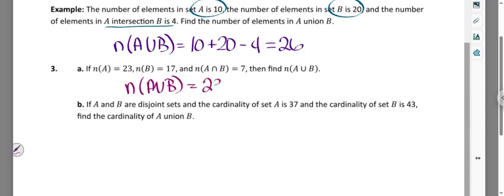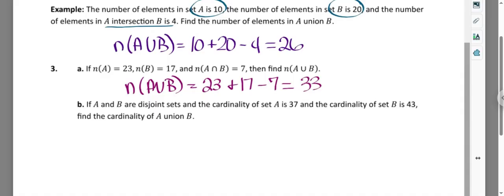So 23 in A plus 17 in B minus 7 in the overlapping area. So that would make 33.